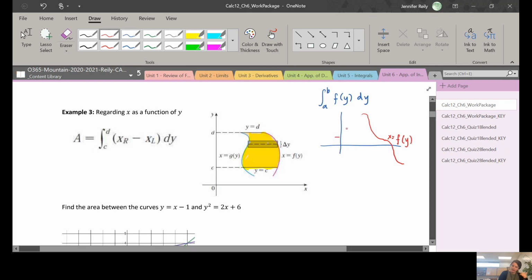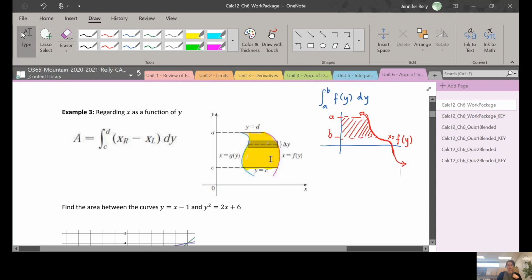It's going to give you the area under the curve, but in the other axis. So there's your function there, and it's x equals f of y, so it's written in terms of y instead of x. If you do the integral in terms of y, it'll just give you the area underneath the curve, but with the y-axis.